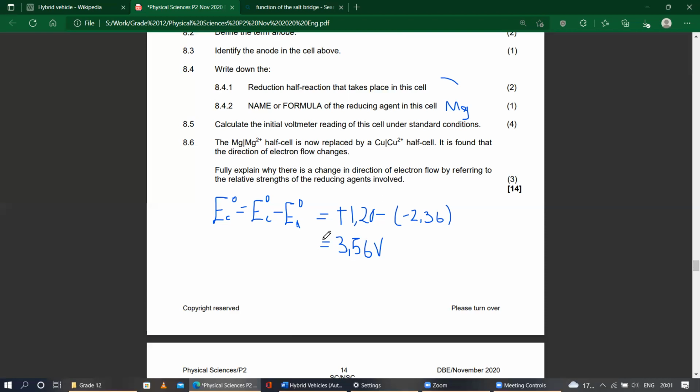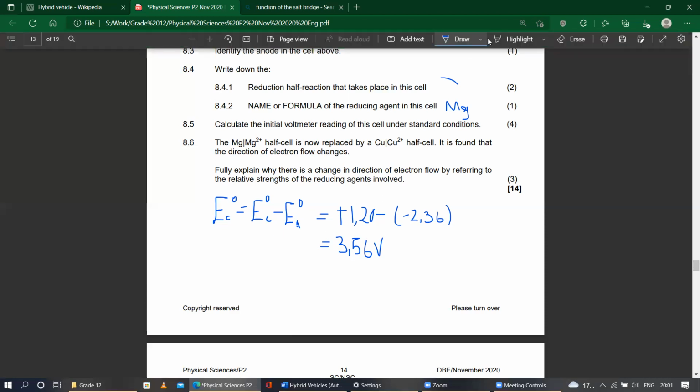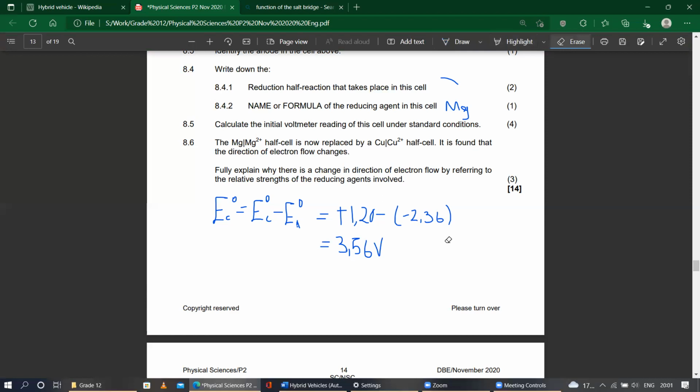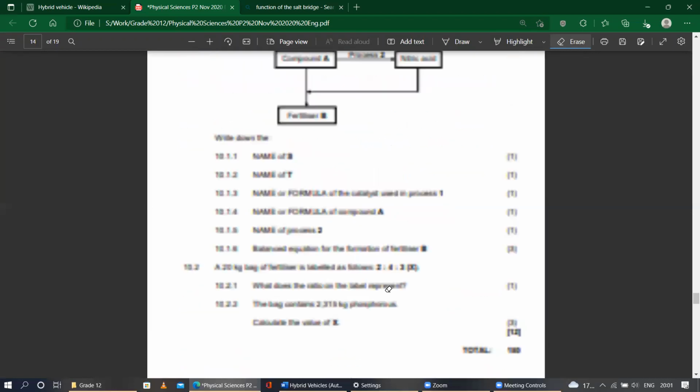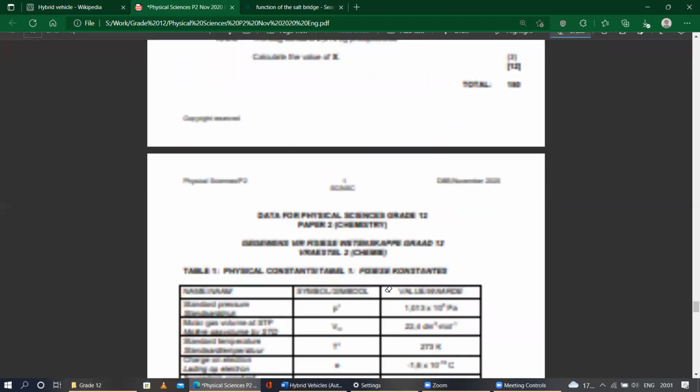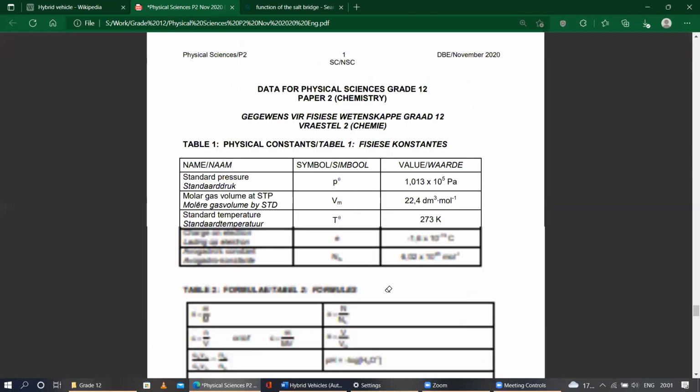Now they say the magnesium half cell is replaced with a copper half cell, and it is found that the direction of electron flow changes. They want us to explain why this happens. So you're going to go to your table and look for platinum and copper.